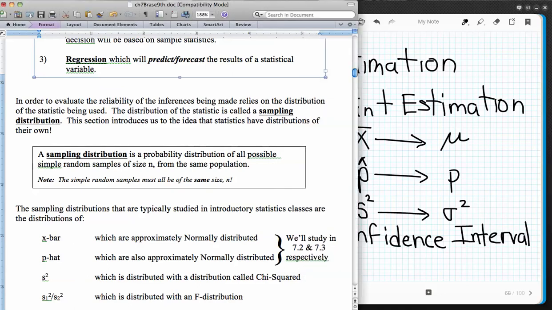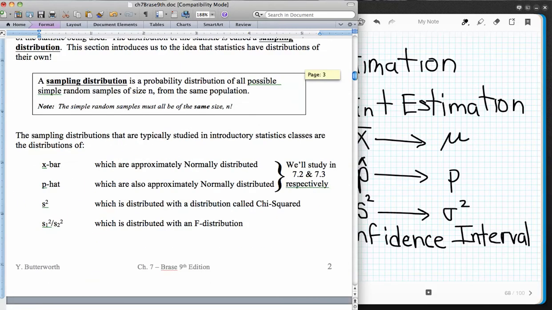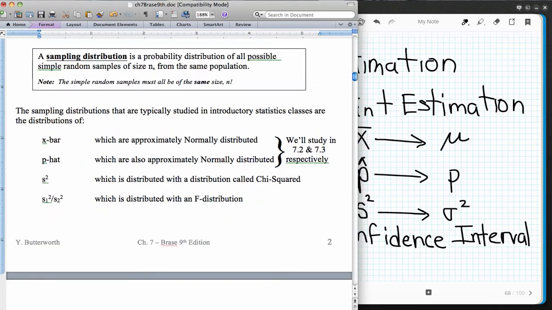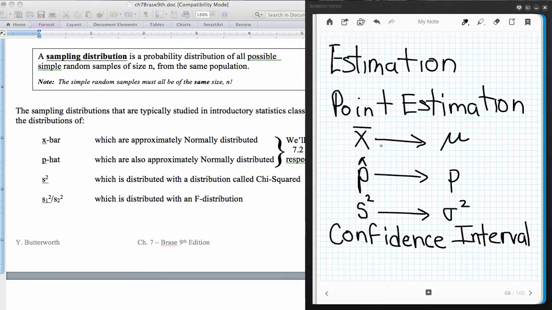So when we talk about sampling distributions, the two sample statistics that we deal with most often right now are the mean of the sample and the sample proportion. And those two actually have a normally distributed sampling distribution, which is why we're studying the normal distribution.